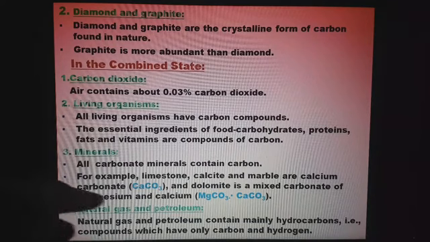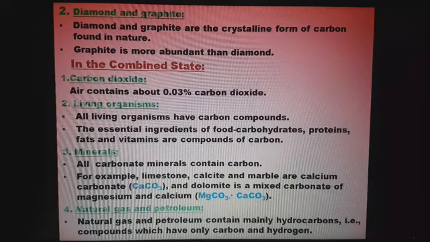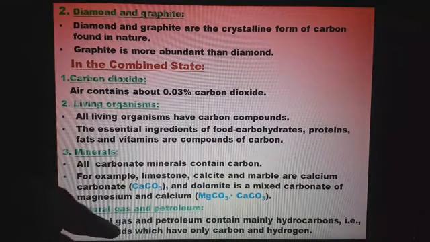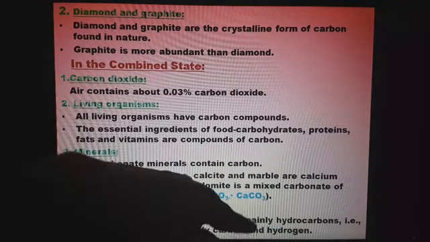Then next, natural gas and petroleum. Natural gas and petroleum contain mainly hydrocarbons. Hydrocarbons are those compounds which are made of hydrogen and carbon. About this we have already seen in the previous chapters. Natural gas and petroleum contain mainly hydrocarbons, that is compounds which have only carbon and hydrogen.